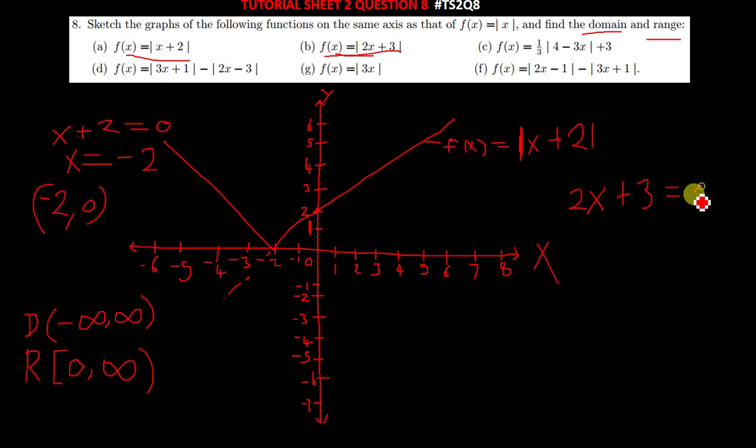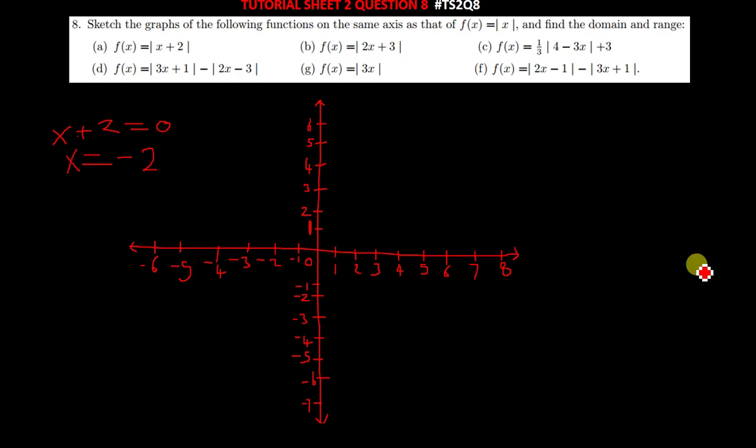When you set 2x plus 3 to 0, you find your value of x to be negative 3 over 2. So it's going to turn at negative 3 over 2 comma 0. We don't have anything this side, so it's going to turn at negative 3 over 2 comma 0.